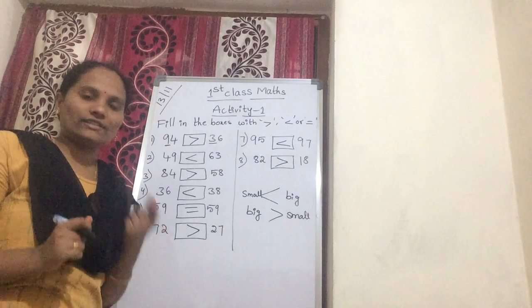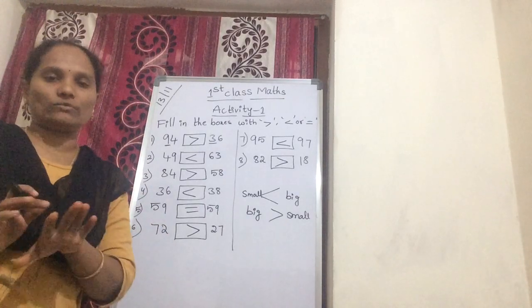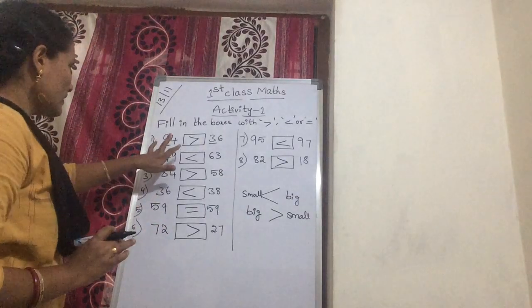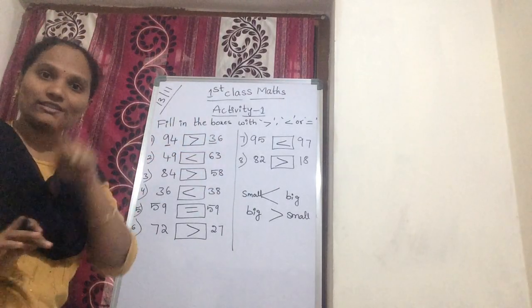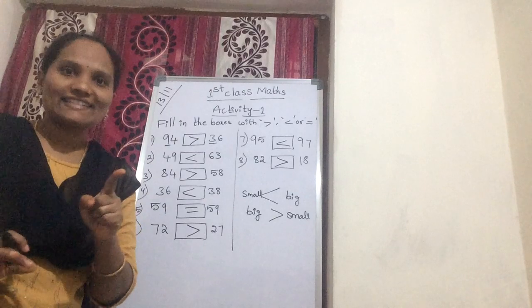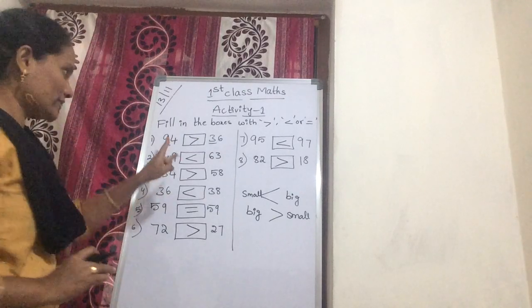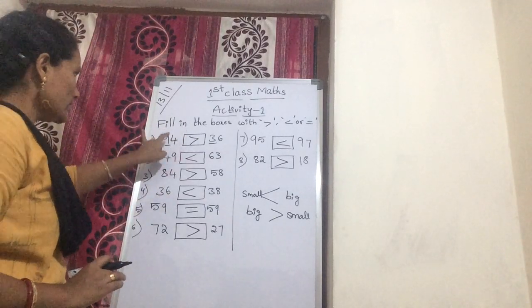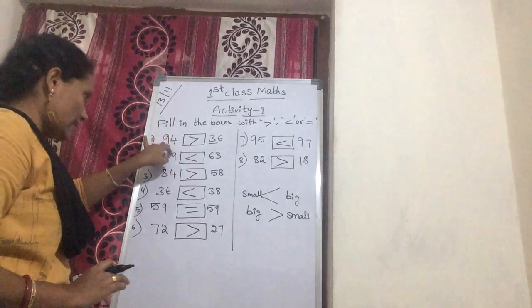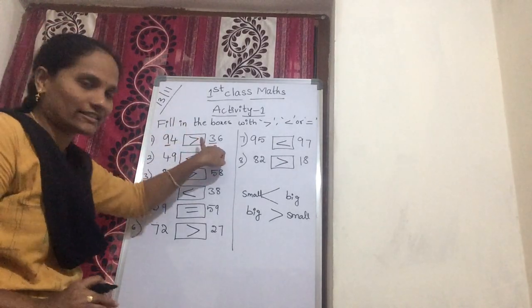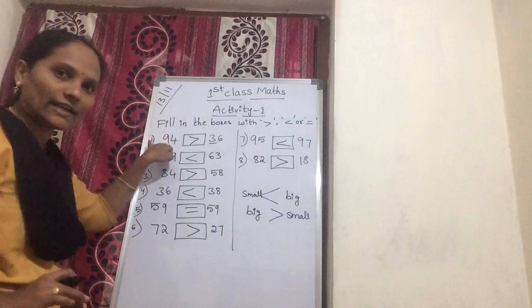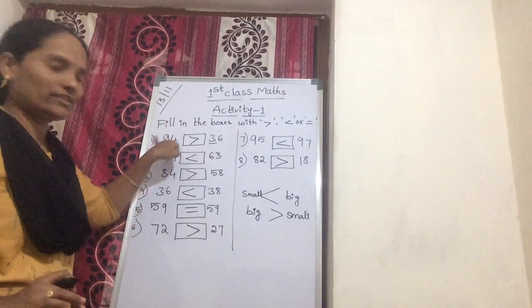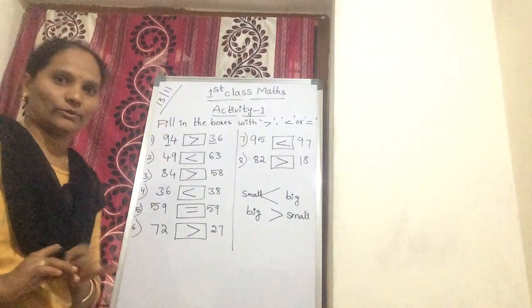Here 9 is there, here 3 is there. Which one is the big? 9 is the big number. So this 94 is the big number.